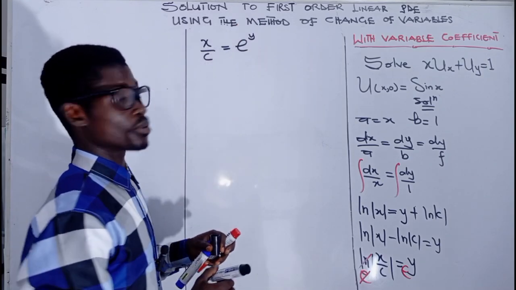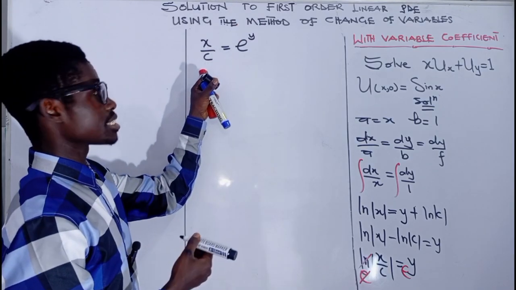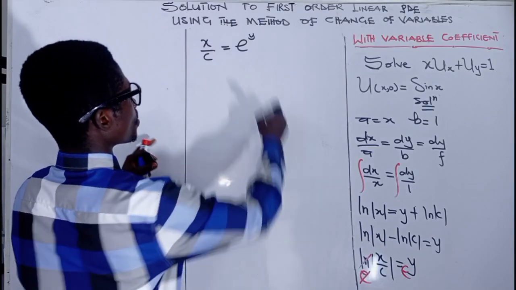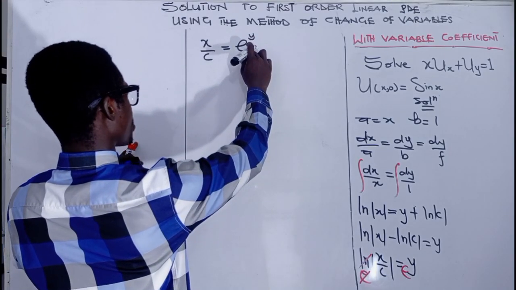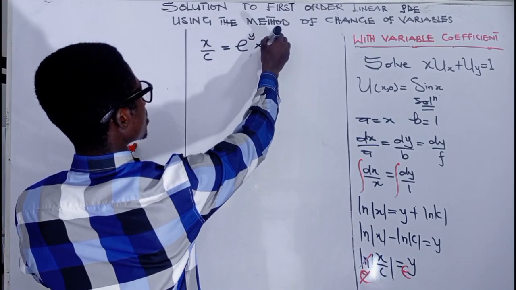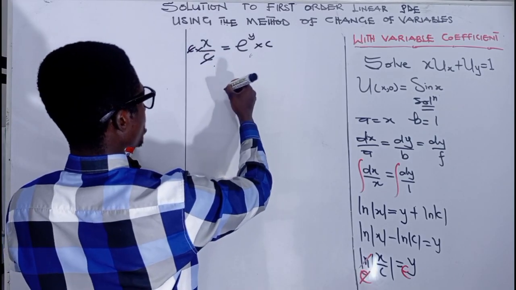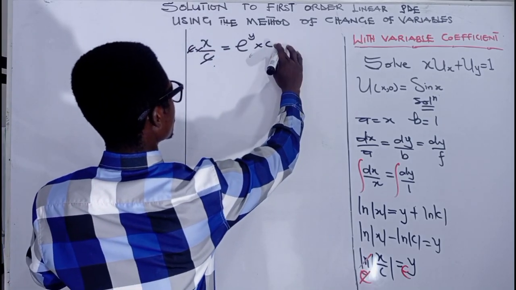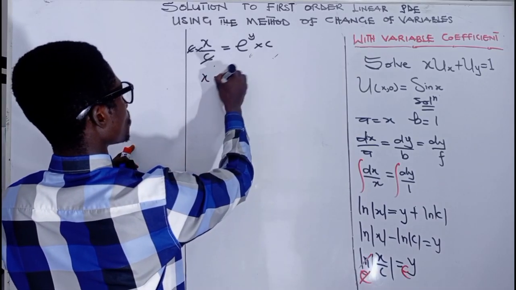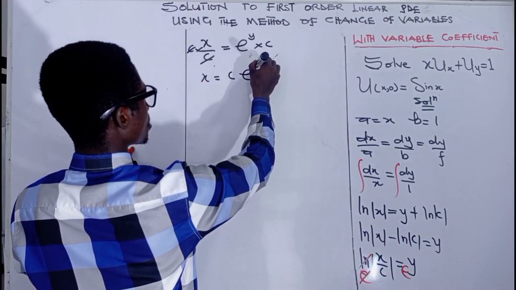We are interested in finding c. So from here, we can multiply both sides of the equation by c, so that this will cancel this. We have x is equal to c e exponent y.